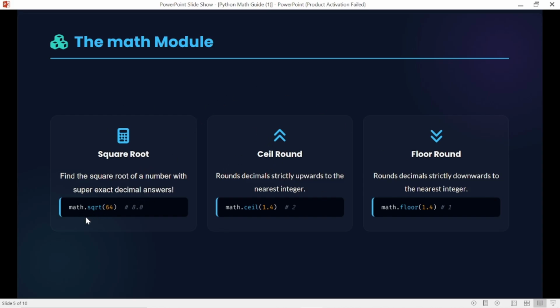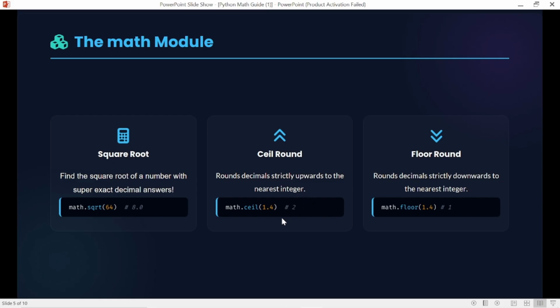Like math.sqrt, then inside we write our number 64. Its square root will come as 8.0. Then the ceil method rounds decimals strictly upwards to the nearest integer.